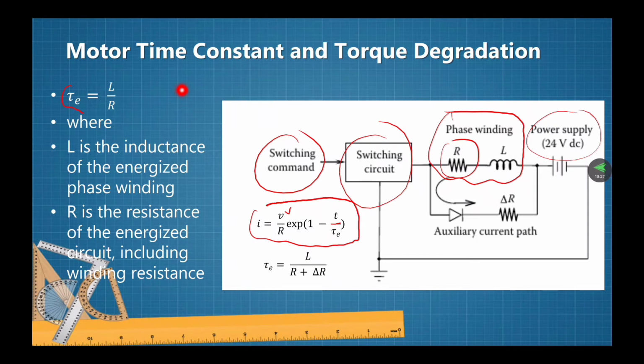During the steady period, we would like to have a smaller R, which will give a large current and magnetic field, producing a higher torque, and furthermore lower power dissipation and associated mechanical and thermal problems and reduction of efficiency. This can be accomplished by using a diode and a resistor delta R.